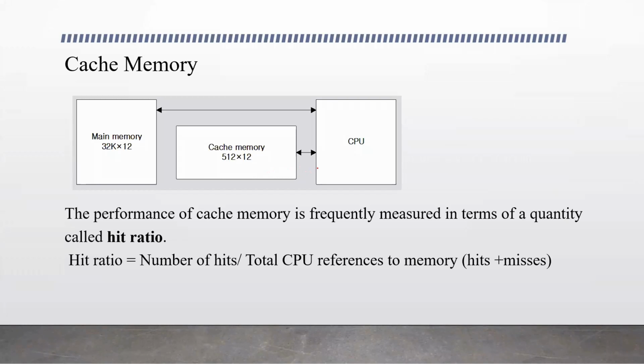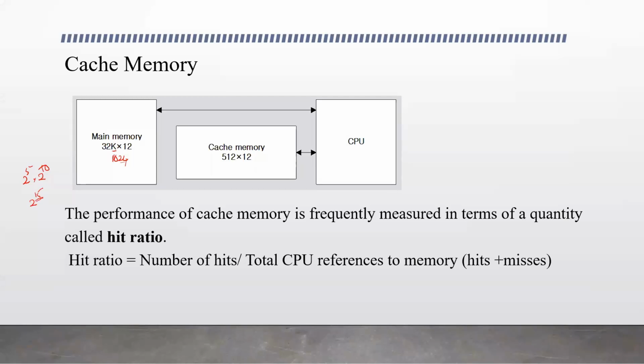Here, this shows how the CPU communicates with the cache memory and main memory. Main memory has 32K words, and each word has 12 bits, so the size of the main memory shown here is 32K by 12. 32K words means 32, which is 2 power 5, times K, which is 1024, that is 2 power 10. 2 power 5 into 2 power 10 is 2 power 15.